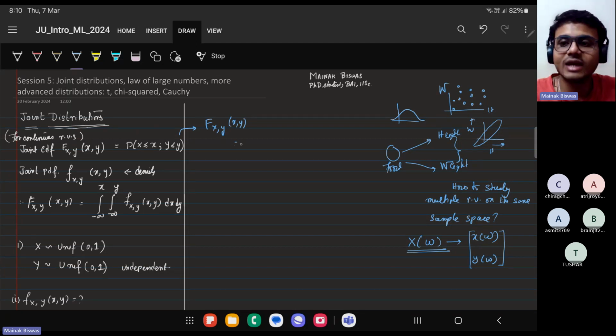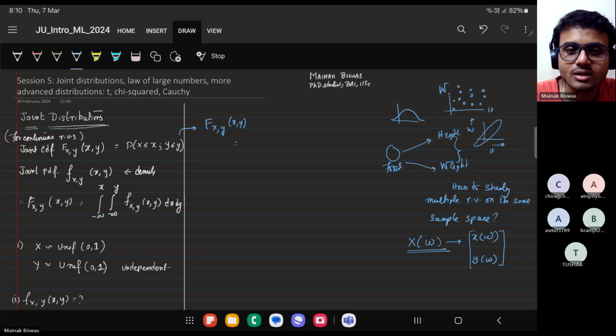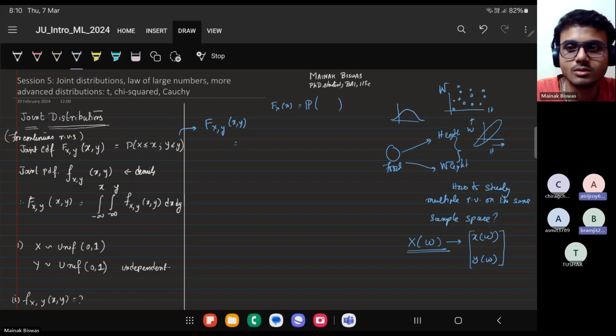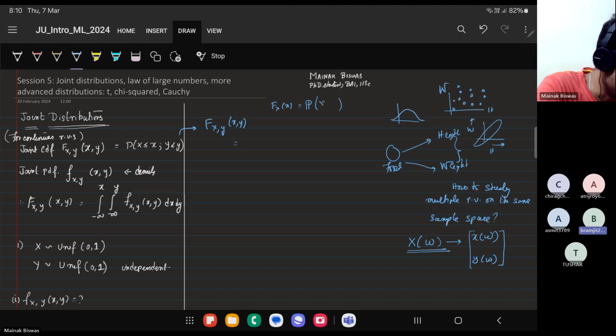What was the single variable distribution? For a single variable, what was the definition of the CDF? Capital X less than or equal to small x. Very good.